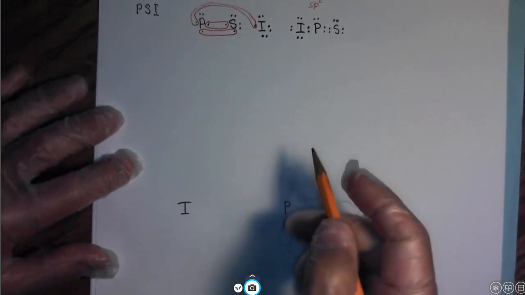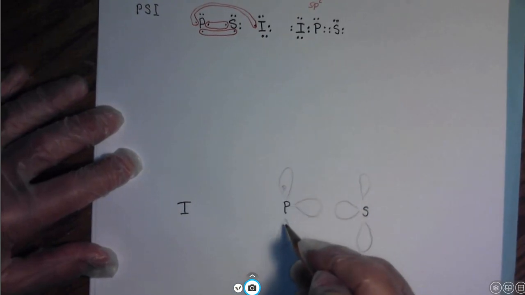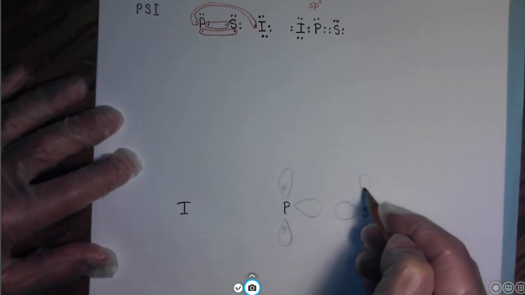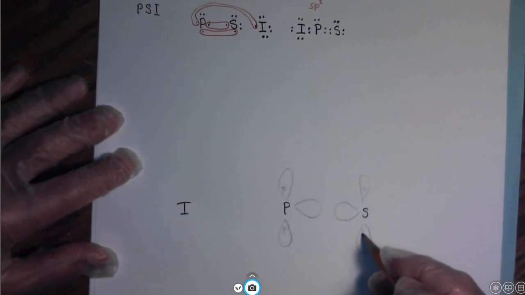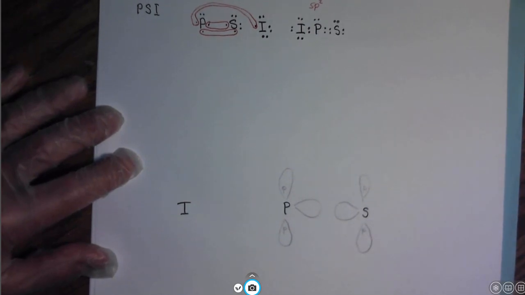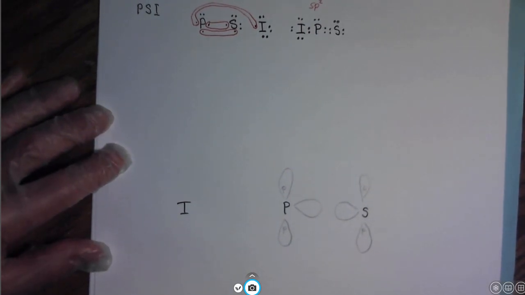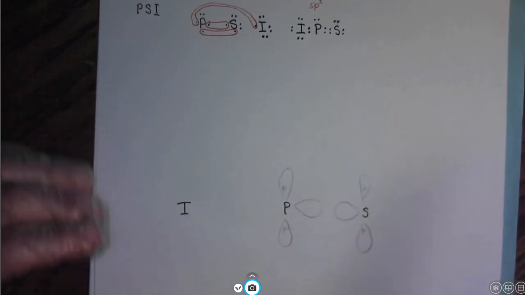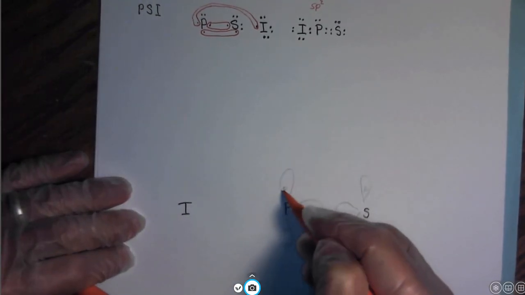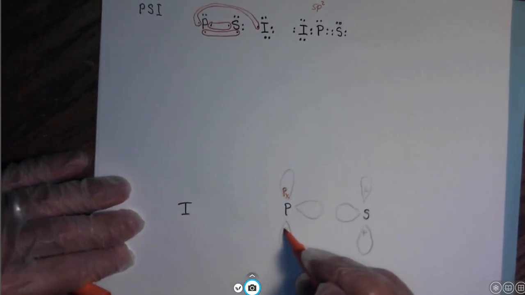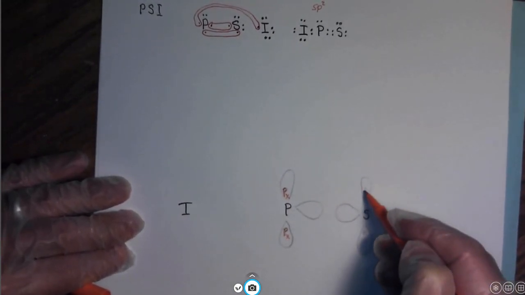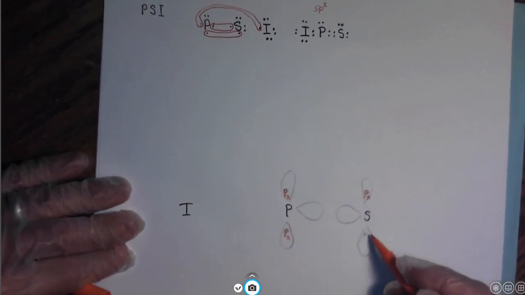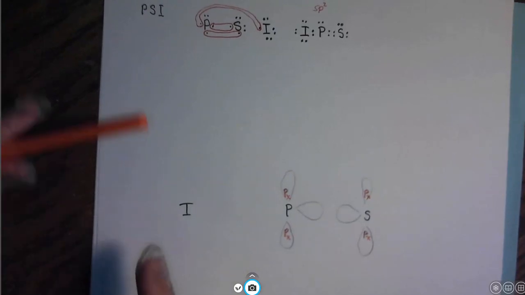I'll go ahead and label this as p. Y'all want it to be px, py, or pz? Yeah. Px, she says, okay? We'll call this px then. All right.